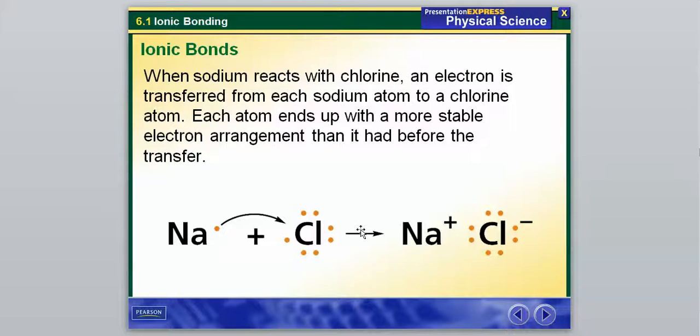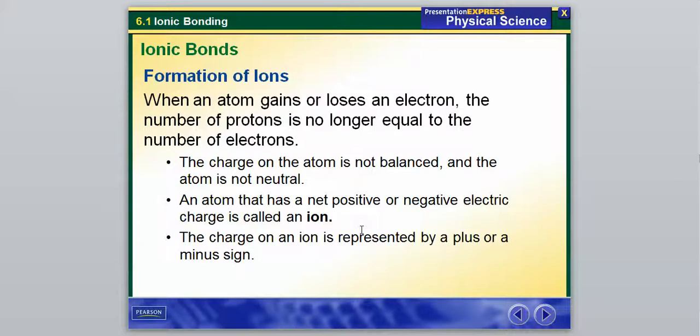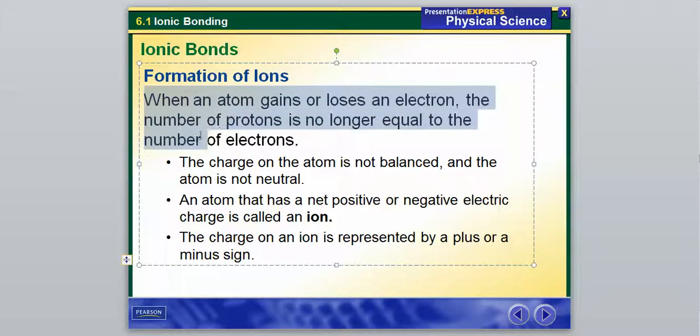That's kind of confusing, because usually if you gain something that makes you positive, but when we're talking about gaining electrons, it means you're gaining a negative charge. When you lose an electron, you have 1 more proton than electrons, so you have a positive charge. When an atom gains or loses an electron, the number of protons is no longer equal to the number of electrons.